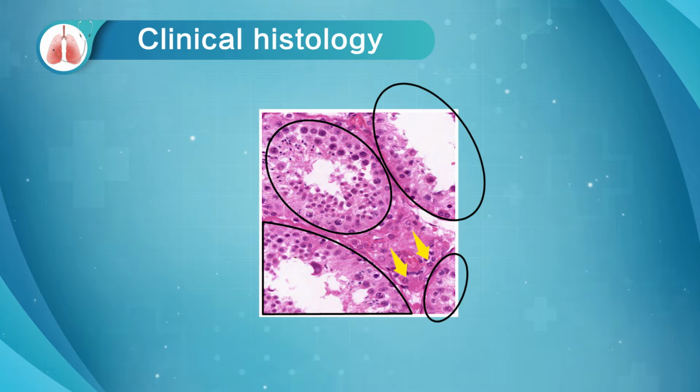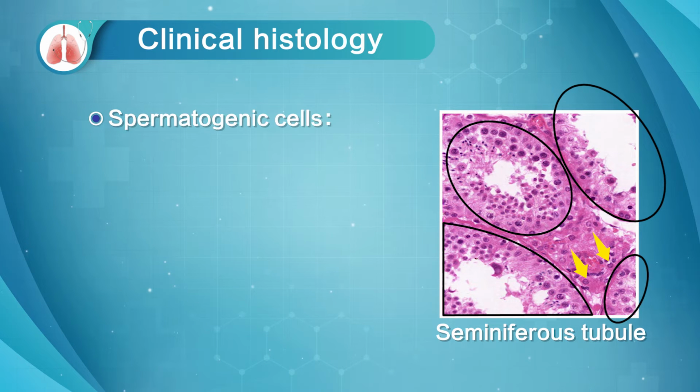Androgen is produced by the interstitial Leydig cells found between the seminiferous tubules, while sperm are developed within the seminiferous tubules. The lining cells of the seminiferous tubules comprise the complex stratified seminiferous epithelium, with two basic cell populations, spermatogenic cells and Sertoli cells.